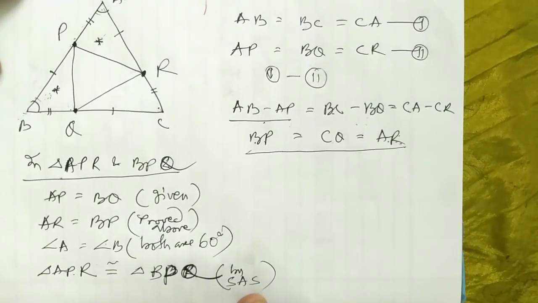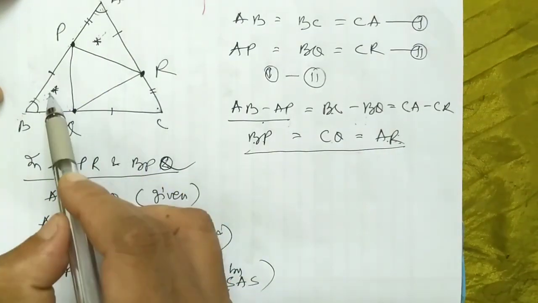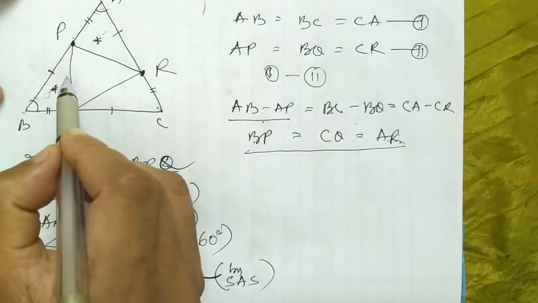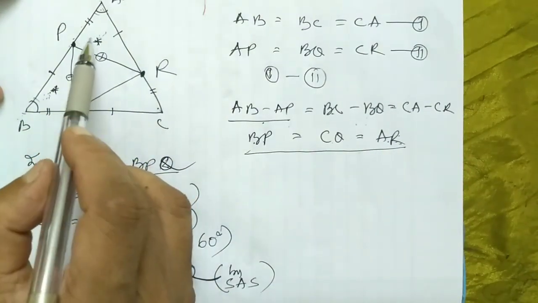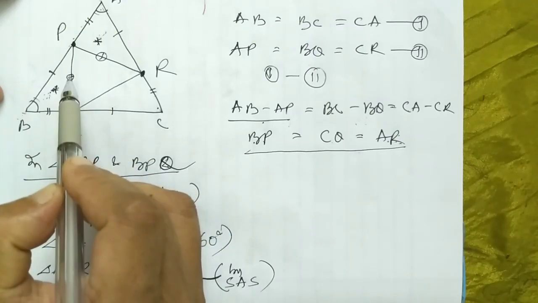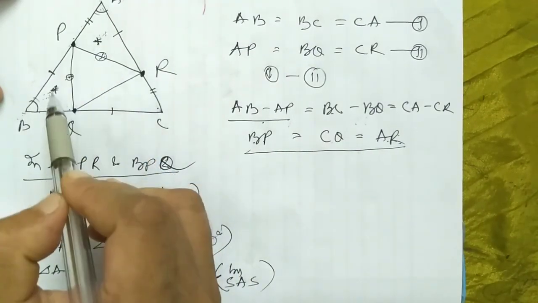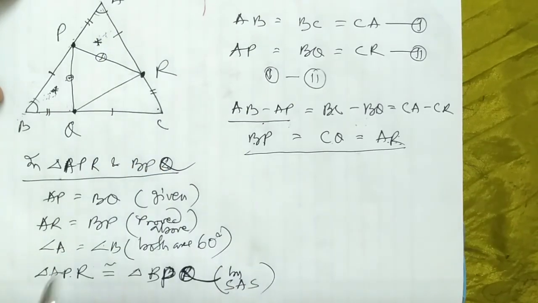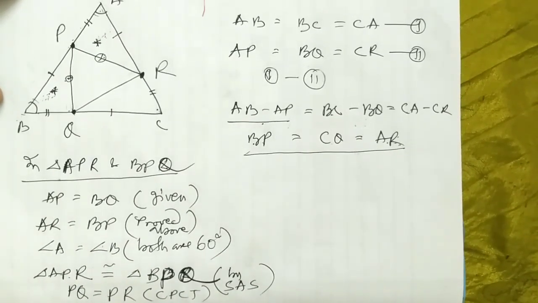So that means I can write, since these two triangles are congruent, this side of this triangle and this side of this triangle are also equal. Why? CPCT, corresponding parts of congruent triangles. That means we can write that PQ equal to PR, CPCT. Okay?